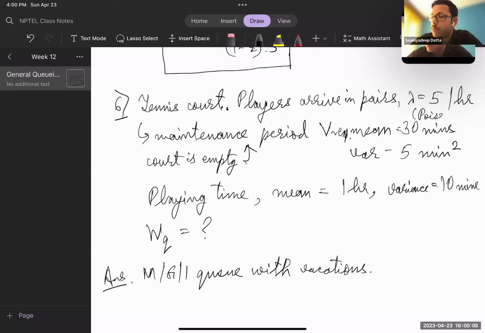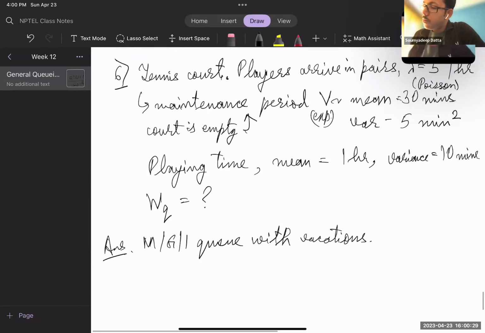The arrival process is Poisson, so the inter-arrival time is exponential. Then the service time is general, so we don't know anything about it. And then we have some vacations which are exponential. So this is an M/G/1 queue with vacations.